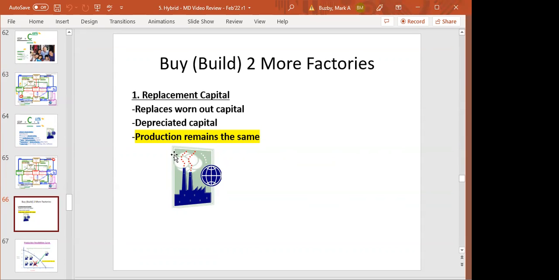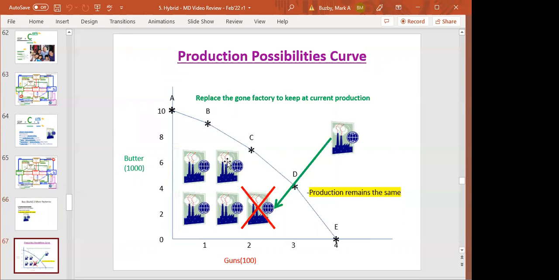So it wears out. Let's say at the beginning of the year, our whole country only had 5 plants working. Now, if we got these 5 and this wears out, to stay at our present production level, we have to replace it. Or our production possibilities curve shifts to the left.